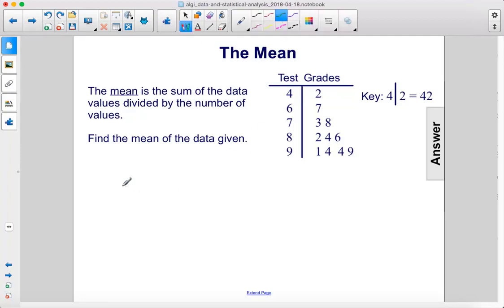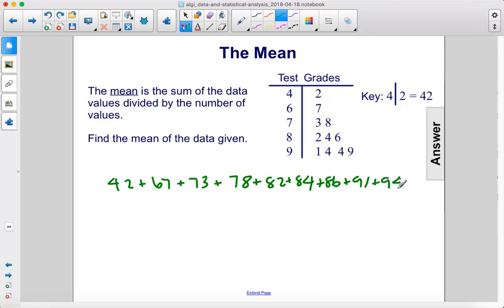All right, so we have 42 plus 67 plus 73 plus 78 plus 82 plus 84 plus 86 plus 91 plus 94 plus 94 plus 99 divided by 1, 2, 3, 4, 5, 6, 7, 8, 9, 10, 11.